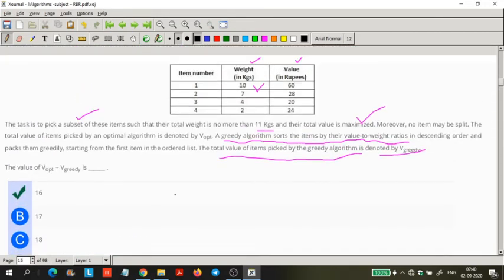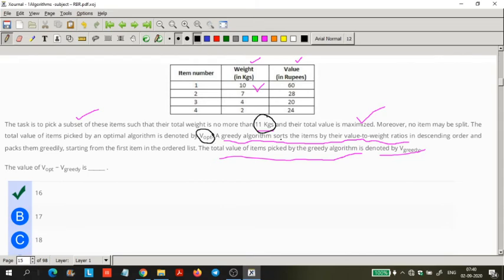So here the task is to pick a subset of these items such that their total weight is not more than 11 kgs and their total value is maximized. Moreover, no item may be split, and the total value of the items picked by an optimal algorithm is denoted by V optimal.